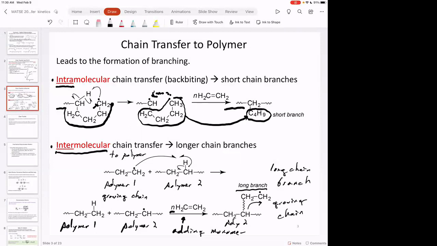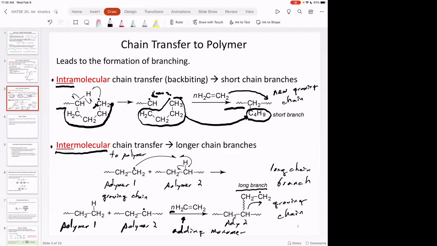And then this right here is a new growing chain. So intramolecular chain transfer, the growing end just bites back a few carbons and results in short chain branching when you add more monomers from that.